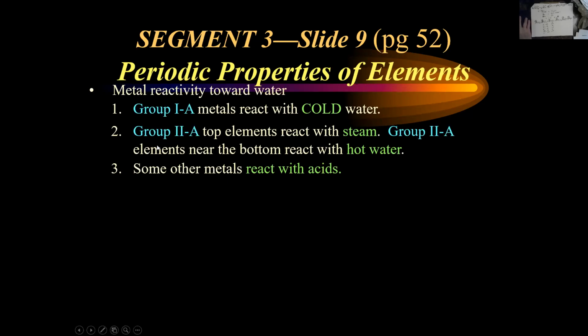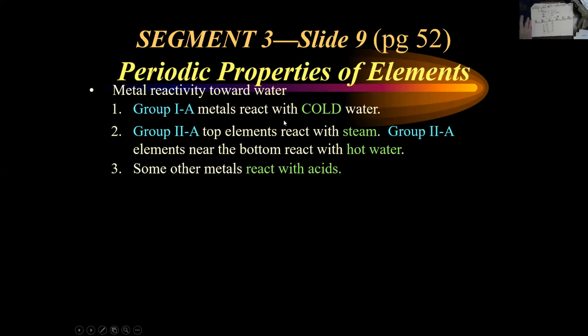And so this can be used to sort out the reactivity of other elements. For example, if I'm looking at 1A, lithium and all of those would react with cold water, but the ones near the bottom react much more rapidly. So I'm going to say the ones at the bottom are more reactive metals than the ones near the top.